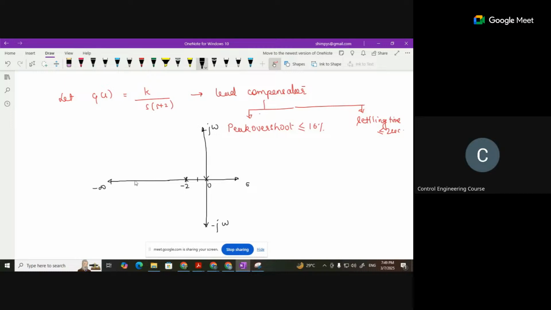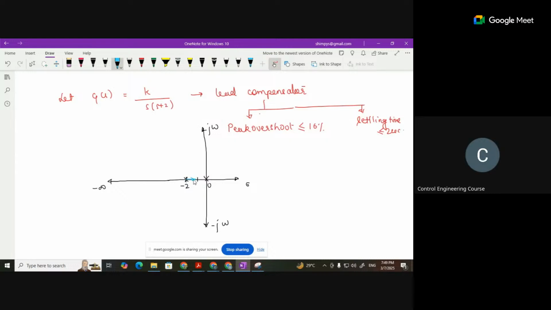And if I see from 0 towards the right hand plane, no roots, so no root locus here. And when I see from -2, one pole at origin, that is an odd number. So my root locus is going to lie between 0 and -2.